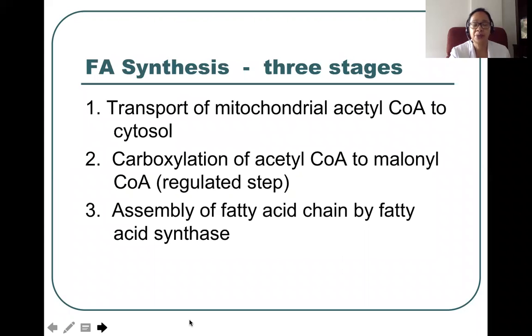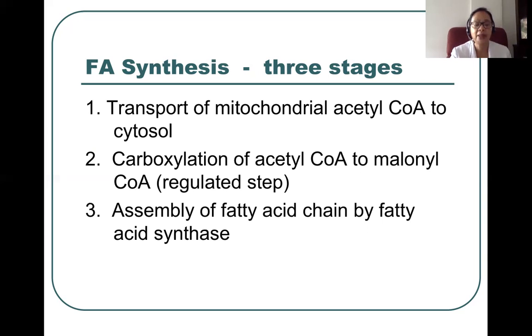Going back, the 3 stages of fatty acid synthesis: first, we transported the mitochondrial acetyl-CoA to the cytosol, as citrate. Second is the carboxylation of acetyl-CoA to malonyl-CoA by the enzyme acetyl coenzyme A carboxylase, and this is the regulated and controlled step.